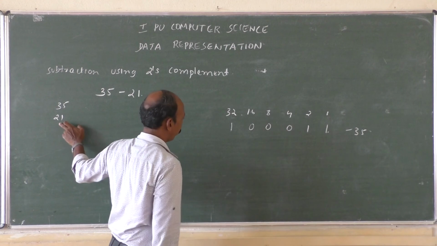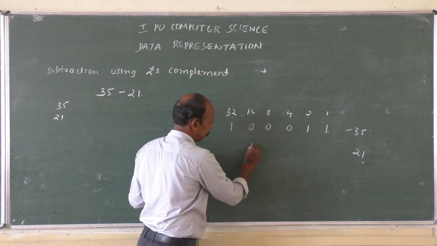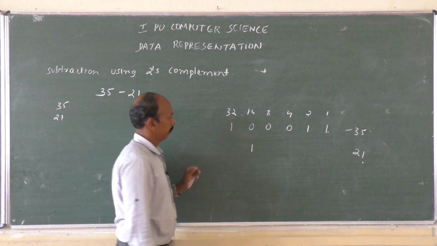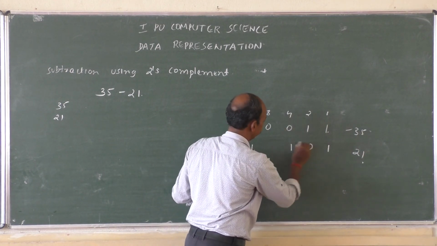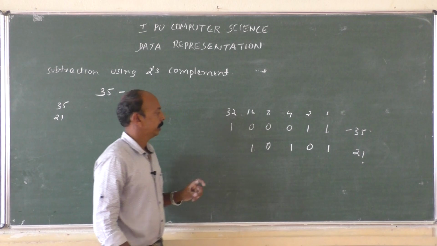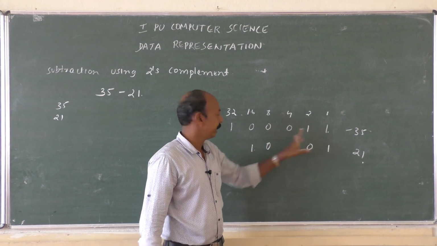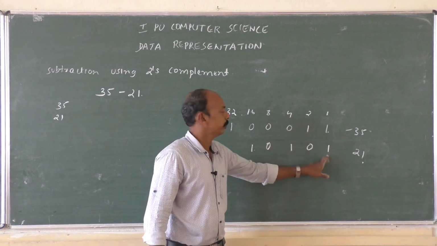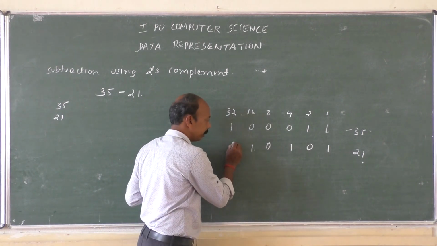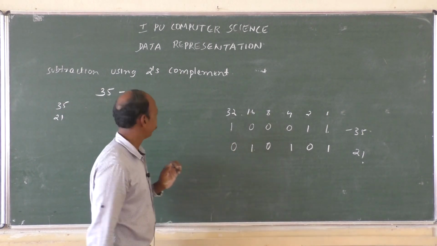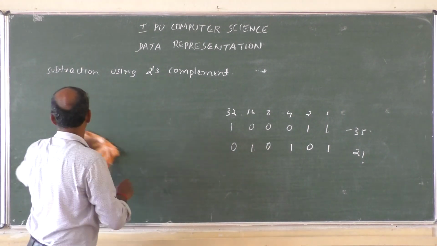Next one is 21. 21: 16 plus 4, 20, and 1, 21. See here, in this case, 1, 2, 3, 4, 5, 6 bits. But in this case, 1, 2, 3, 4, 5 bits. As we have discussed earlier, let us make the length of both the numbers equal. That's why now again we shall write the same.